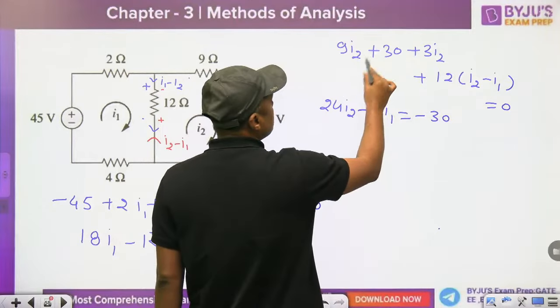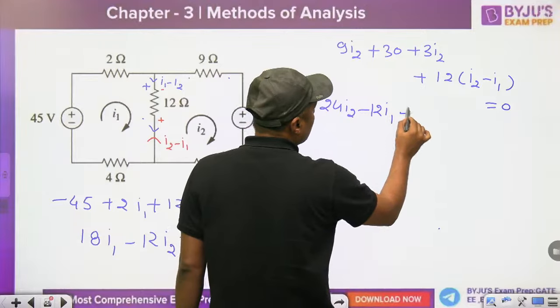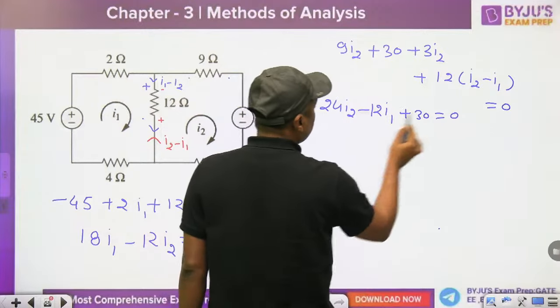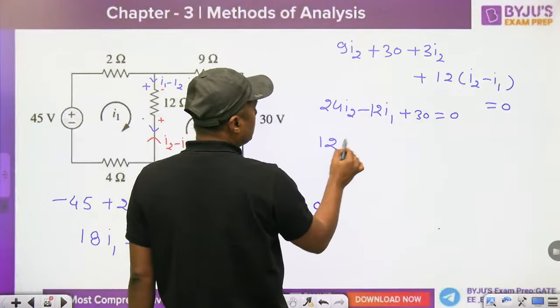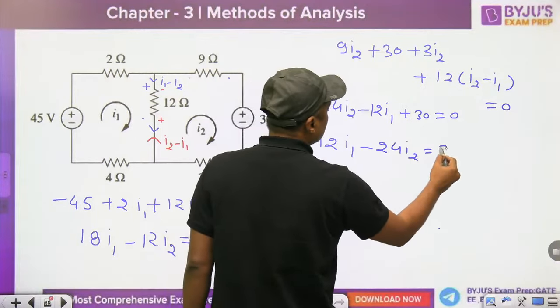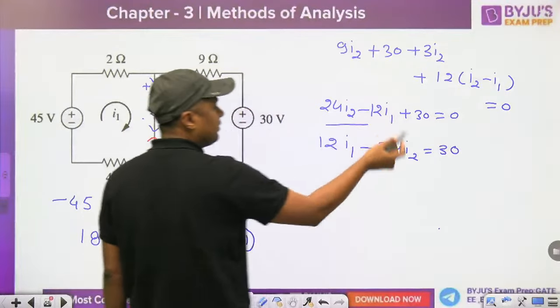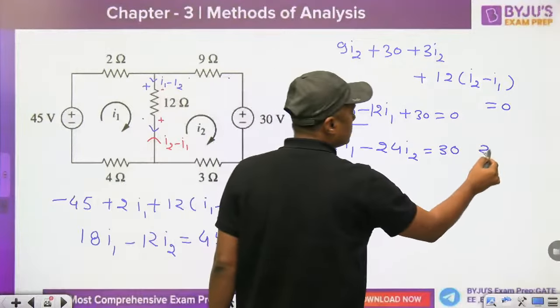This is the minus, this will become minus 30, or you can write it like this: plus 30 is equal to 0, and shift that, so you will get 12 I1 minus 24 I2 is equal to 30. Change on the right hand side, it will become 30. That is equation number 2.